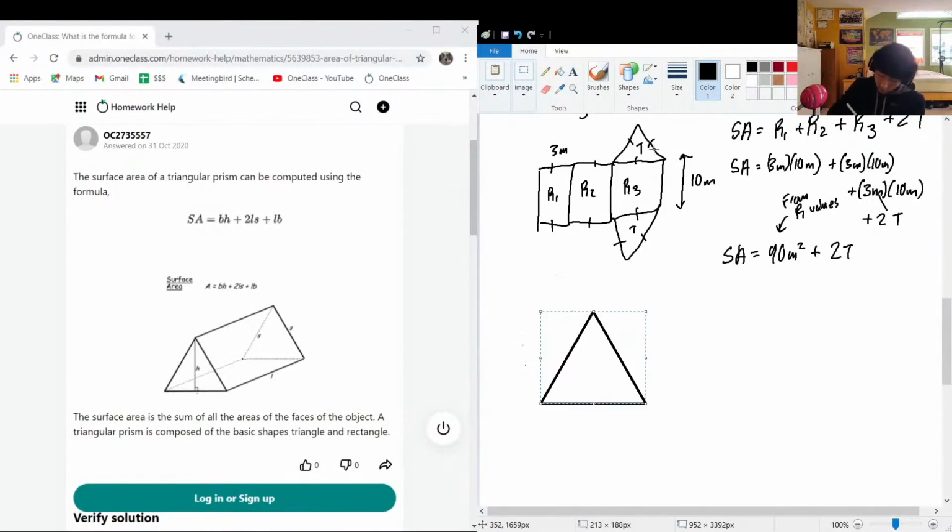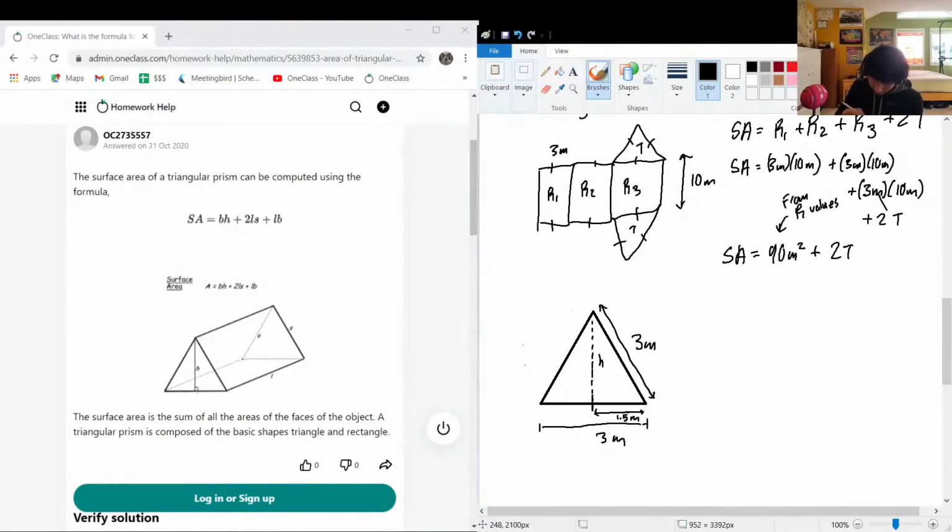We know that this length is 3 meters, which means that perfectly halfway through here is 1.5 meters. And this length right here is 3 meters, and we're trying to look for h.